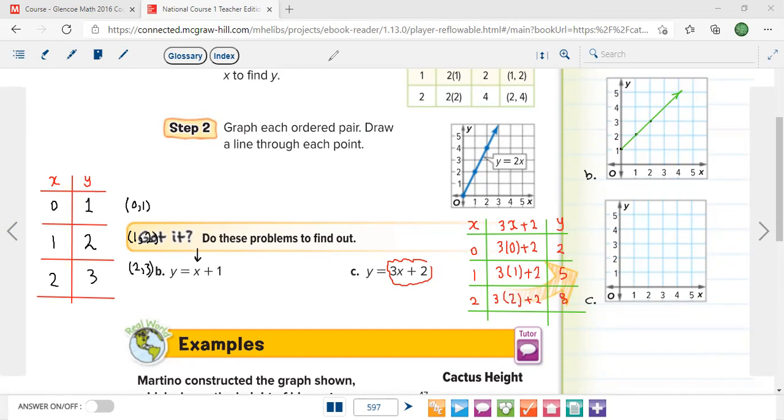Now we have 3 ordered pairs: 0 and 2, 1 and 5, and also 2 and 8. And let's plot them on the coordinate system, 0 up to 2, 1 up to 5.